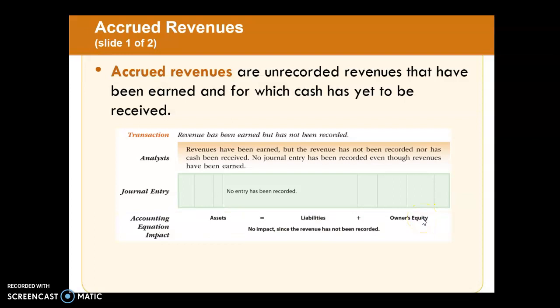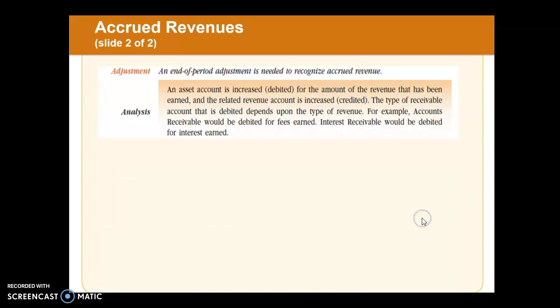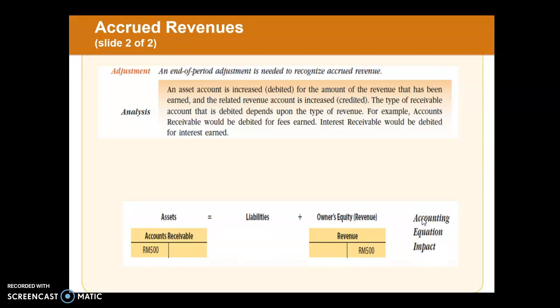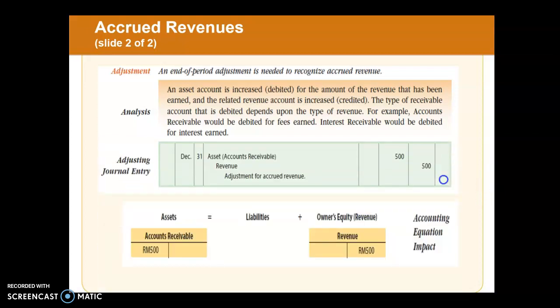So we have to record the journal entry. For example, the revenue is 500 ringgit. So debit accounts receivable and credit revenue.